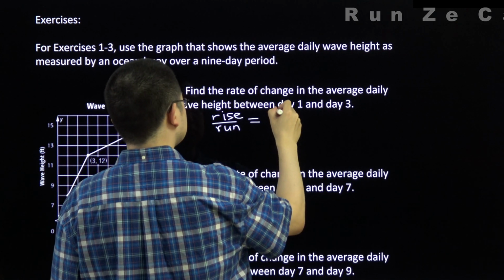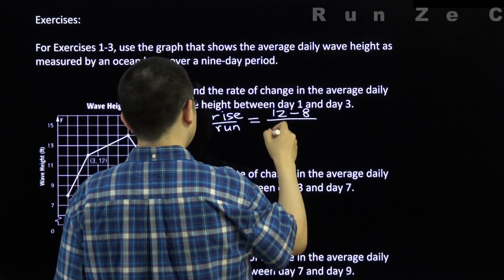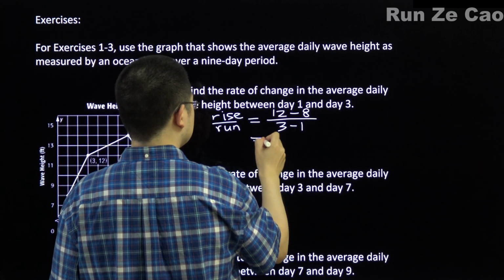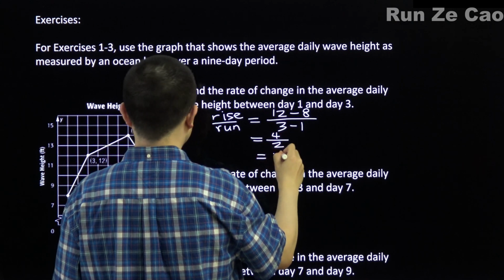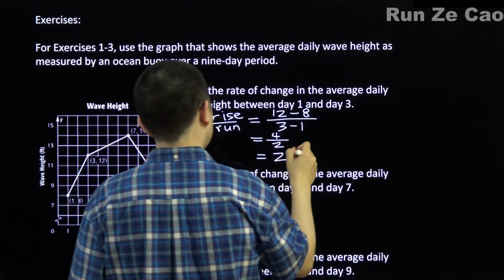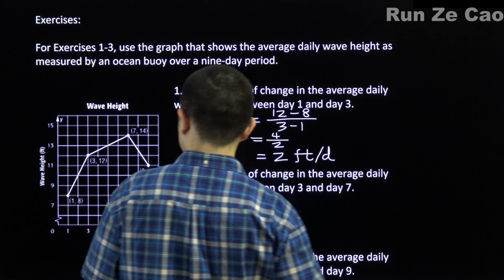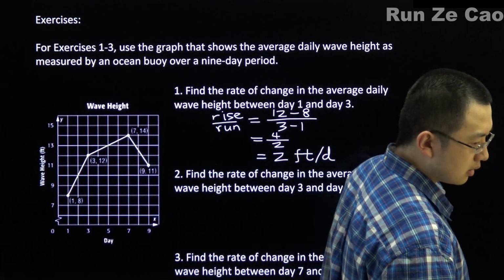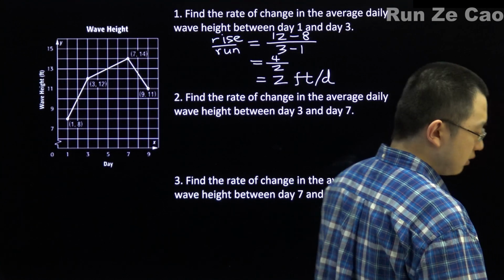Depending on the teacher, just be careful. So it's 12 minus 8 over 3 minus 1, which means you're dealing with 4 over 2. So 2 feet per day. That's the rate of change with the data we have.